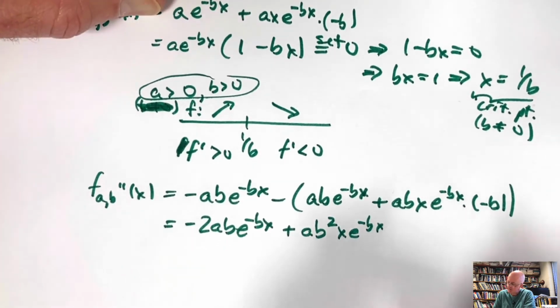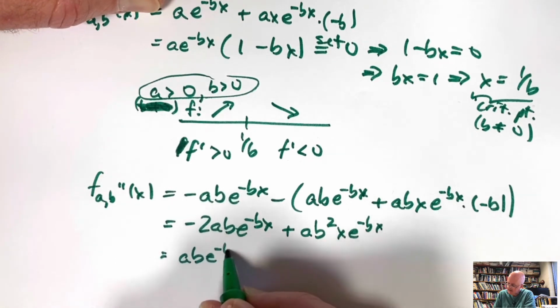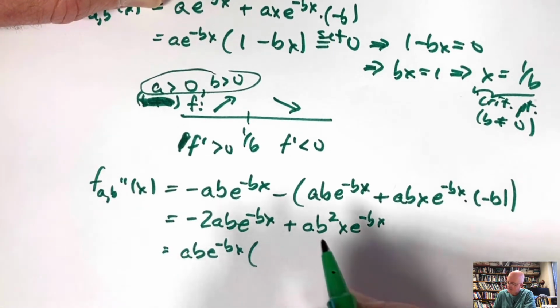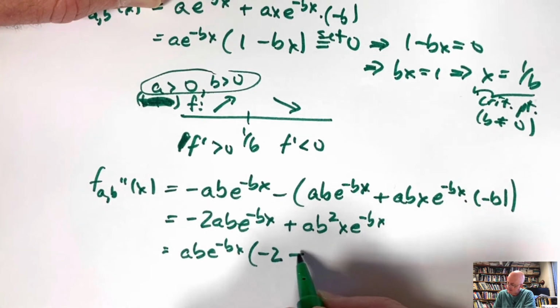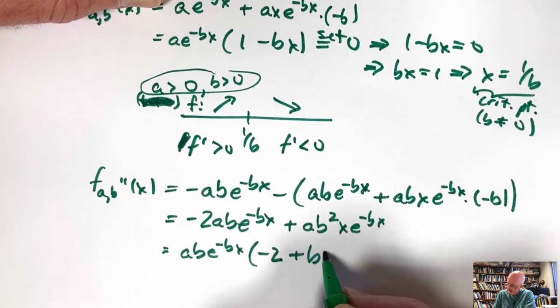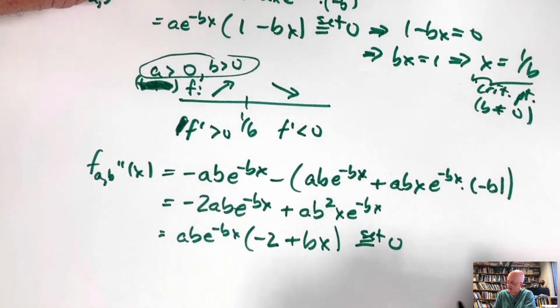Factor out as much as you can. We can factor out an ab and an e to the negative bx. What's left over with this one is a negative 2, and what's left over with this one is a plus bx. I think I did that right. Set that equal to 0 and solve for x to find possible inflection points.